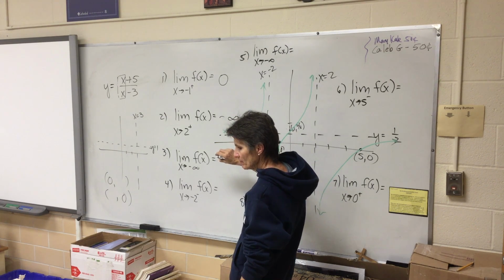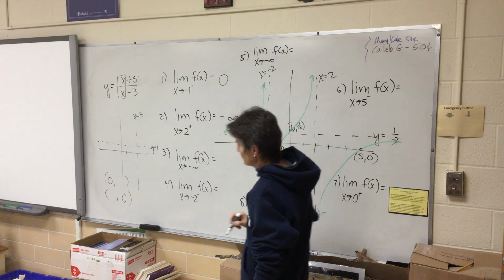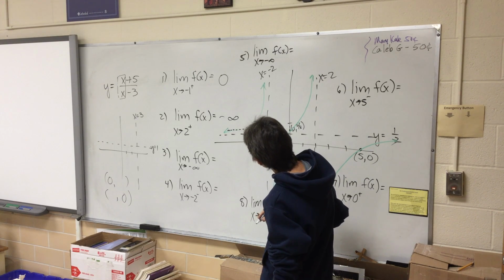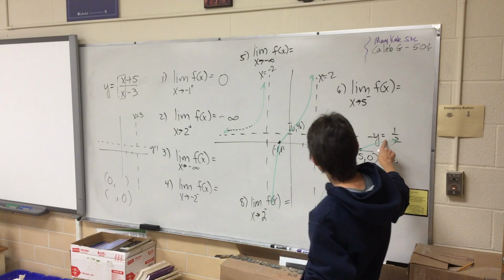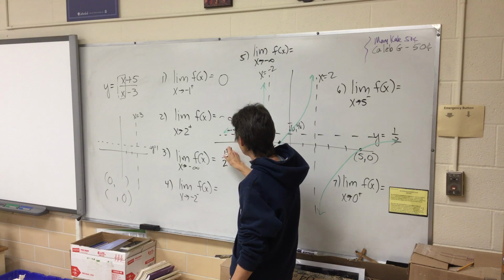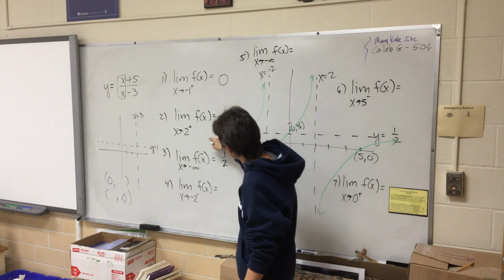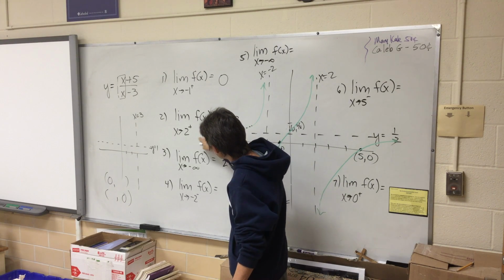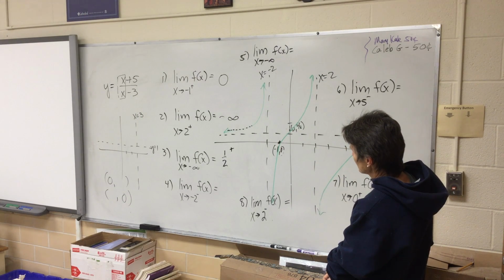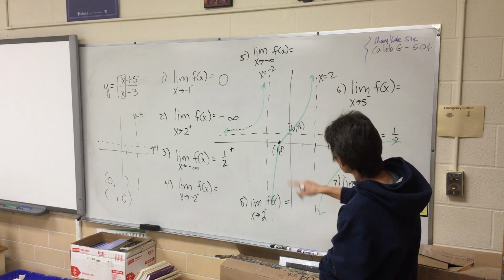Aren't they coming down? But are they going down? No. What are they getting closer to? Y equals 1/2. So it's getting closer to 1/2 from the top. This curve is coming in toward 1/2 from the top.